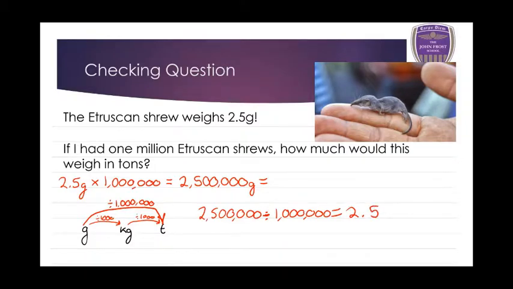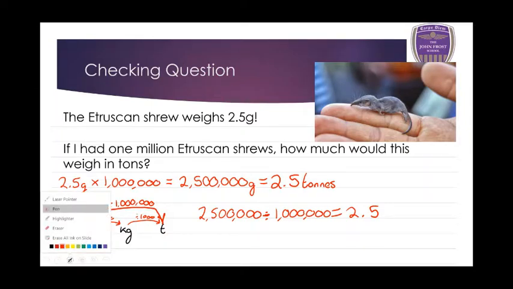So that means 2.5 million grams is equal to 2.5 tons. Now that is a lot of Etruscan shrew, okay? So very well done if you got that right. If you didn't quite get it, just copy down the work so you can see how you got it. And then I'll see you next time, okay? Good work today, guys. Bye now.